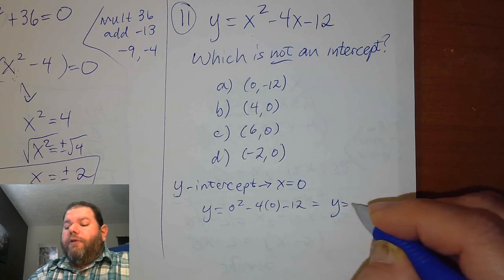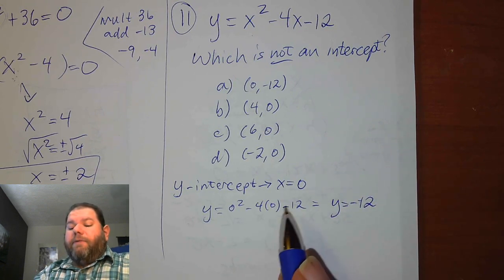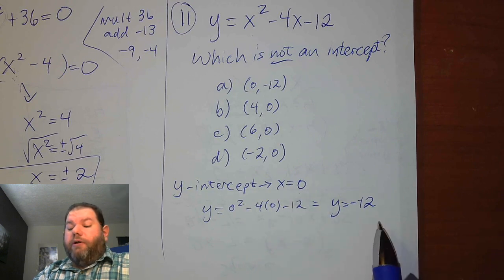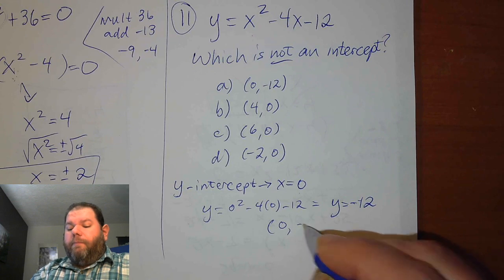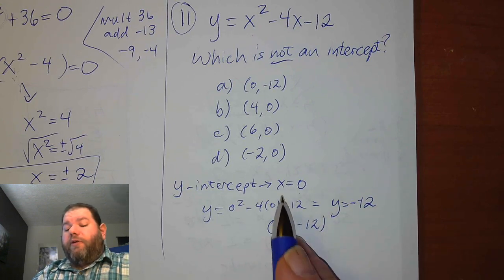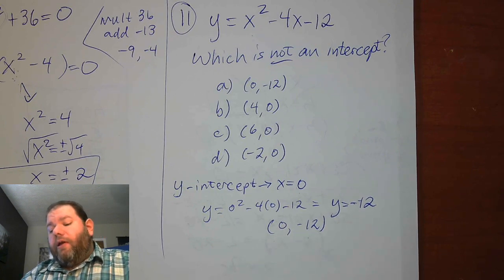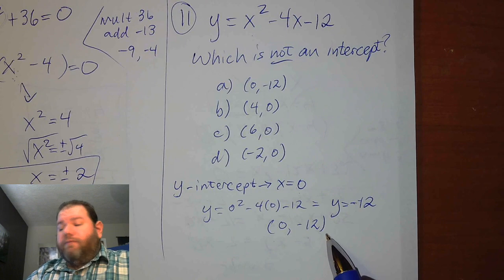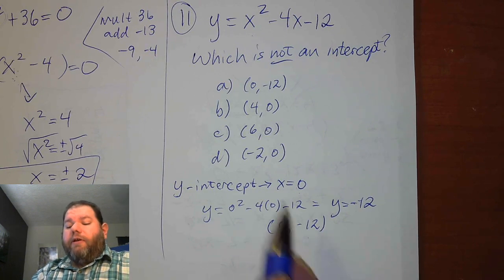So we get y equals negative 12. And remember, we write our answers as ordered pairs, where the x value is first and the y value is second. And so we get 0 and negative 12.